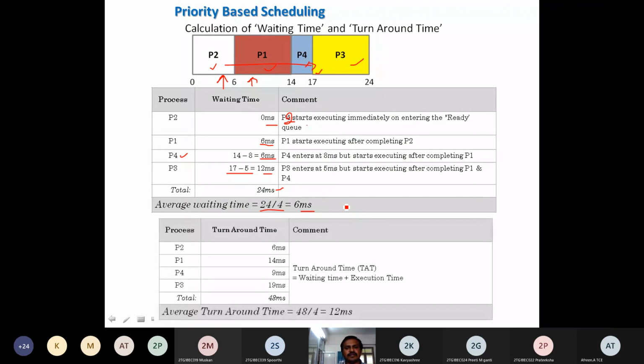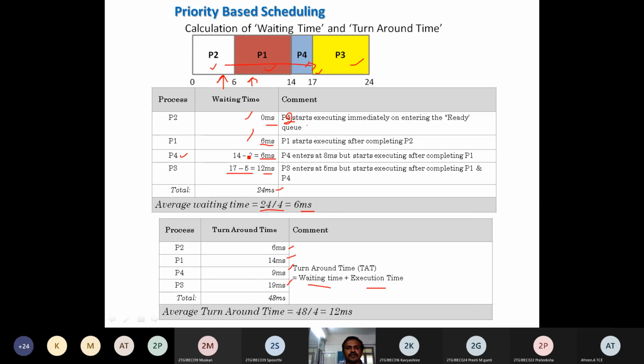Next comes turnaround time. When the process is going to complete, it is waiting time plus execution time. So P2 has 6 milliseconds, P1 14 milliseconds, P4 9 milliseconds, and P3 it is 19 milliseconds. That is waiting time plus execution time. In the previous table we have the waiting time for each process.